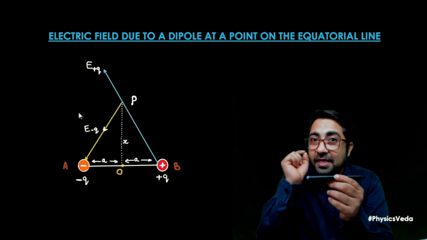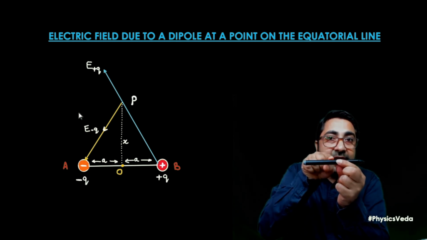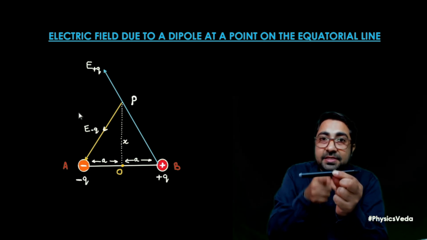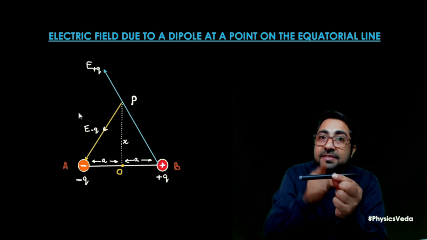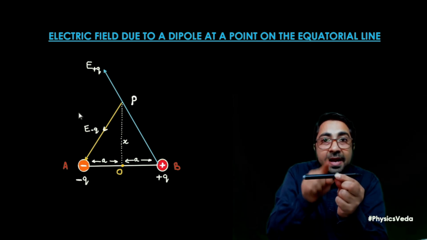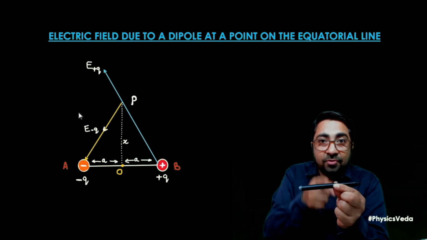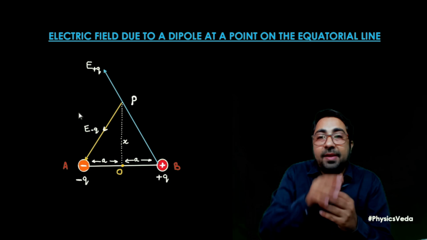But what is the equatorial line here? That is, if this is the center of dipole and I draw a line in such a way that the line passes through the center of dipole as well as is perpendicular to the axis of dipole, then this line is known as the equatorial line and the plane is called equatorial plane.